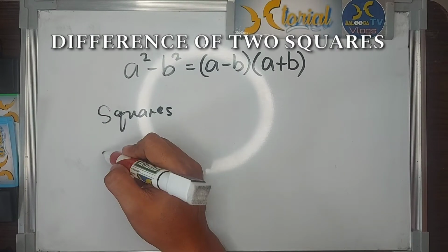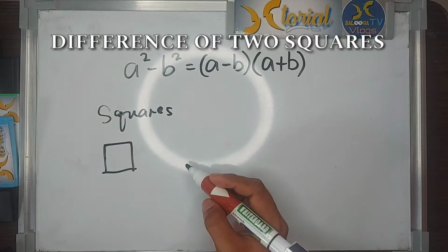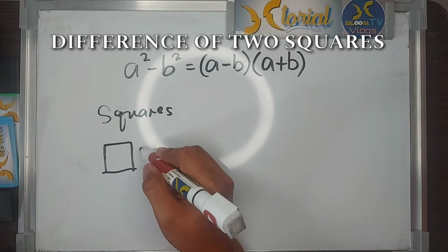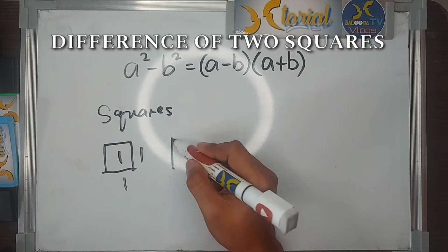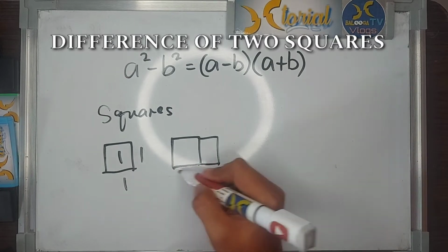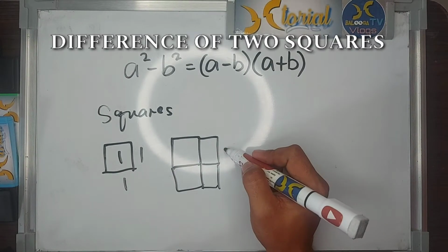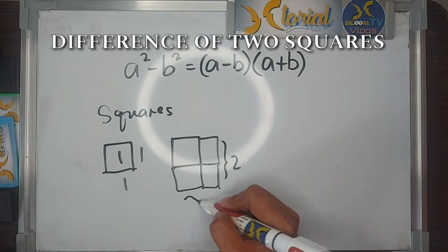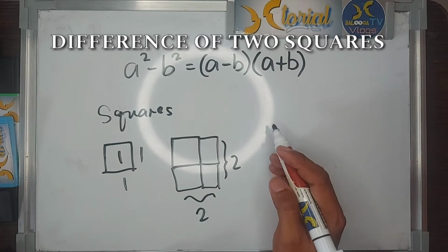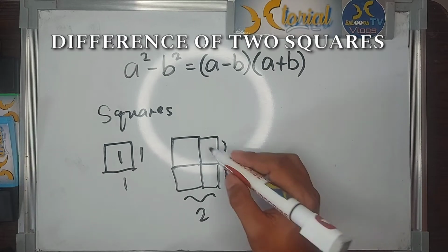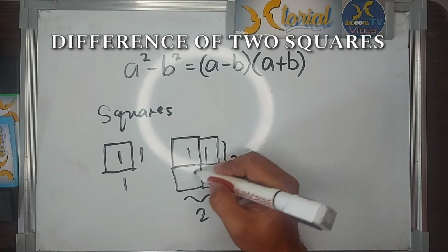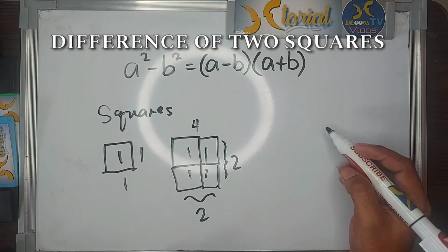So, mula sa salitang square, maglagay tayo ng dimension, 1 times 1 is 1. So, gawin naman natin siyang 2. So, dalawa dito sa kabila, dalawa doon. So, multiply natin para makuha natin yung area. 2 times 2, we have 4, which is correct.